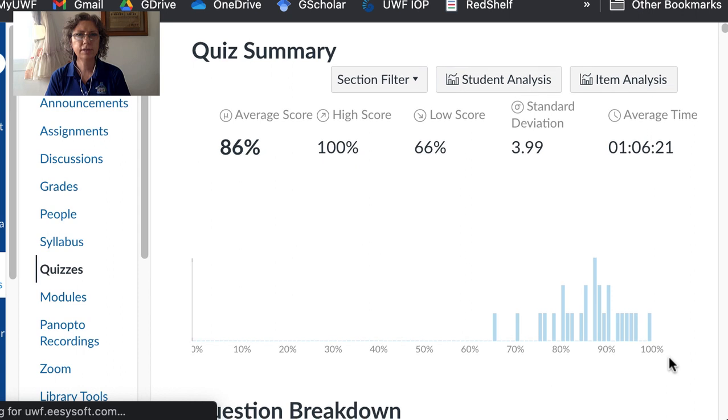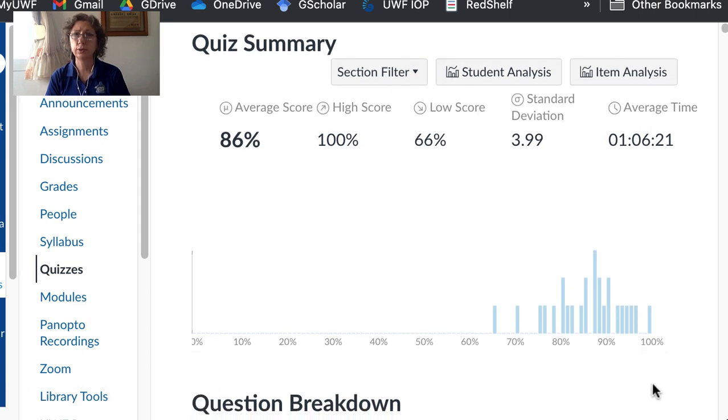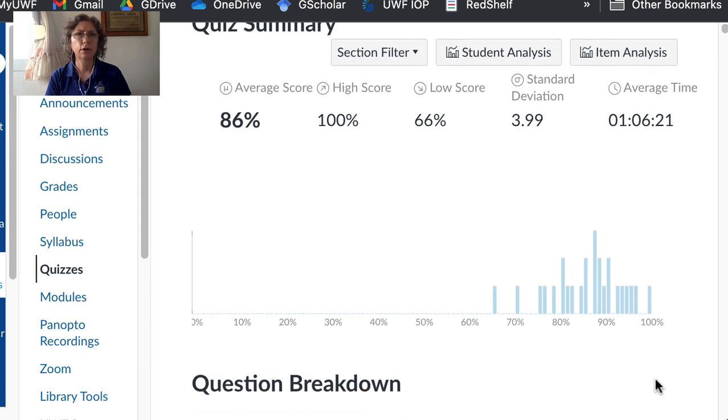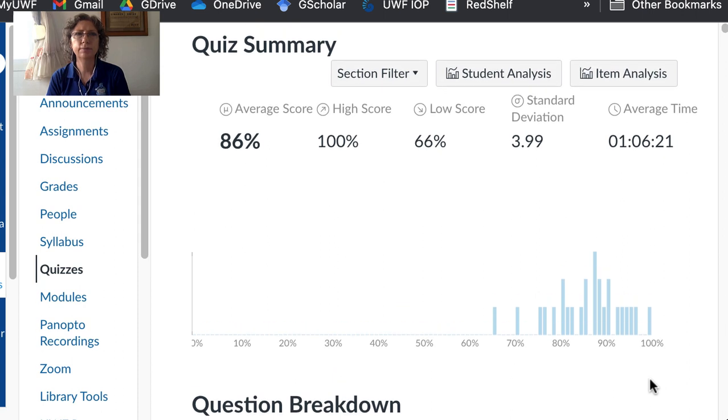So this gives us a summary, descriptive statistics, on our exam 1. The average, the mean, was 86%. The range from low score to high score was 66 to 100%, with a standard deviation of almost 4, an average time of 1 hour and 6 minutes.